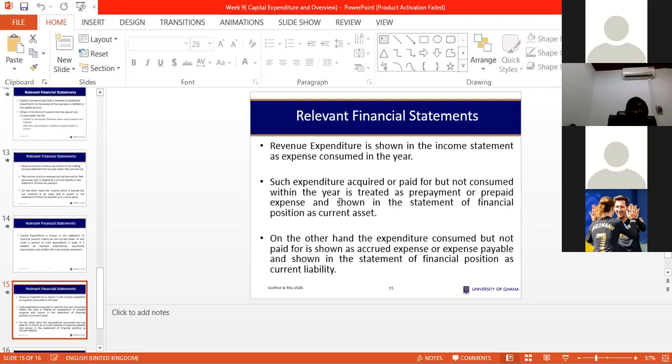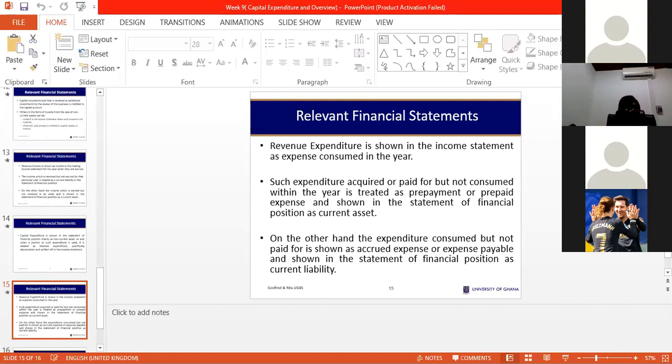Your hostels, your parents have paid for it. But they have paid for it, I'm sure, to the end of May or early June. But if we're preparing financials as at 30th April, then you have not consumed that portion, though you have paid. In the same way, if a big business has paid electricity, prepaid, it means they have paid, but they have not consumed it.